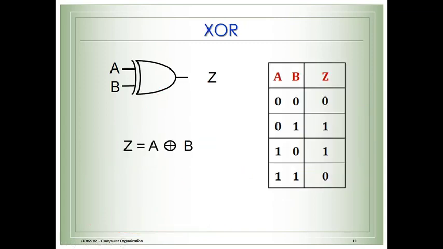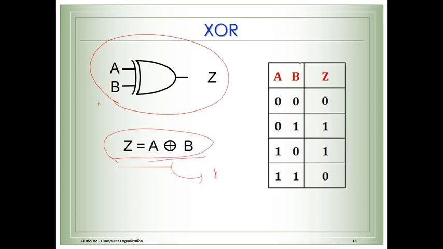Exclusive OR gate. The exclusive OR operation says that an odd number of variables carrying the value 1 will result in a true value. If an even number of variables are carrying the value 1, then the result will be false. This is the graphical representation. A and B are the inputs, Z is the output. This is the algebraic function and this is the truth table.